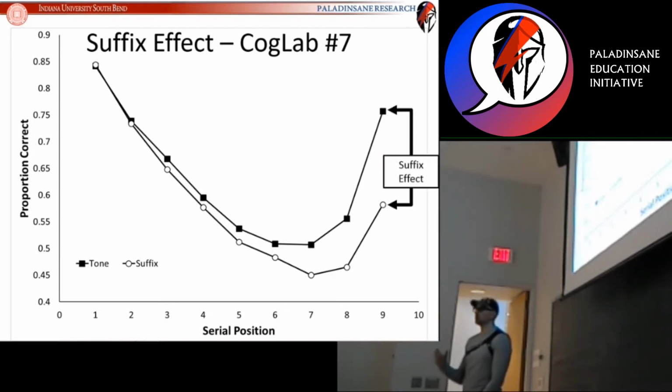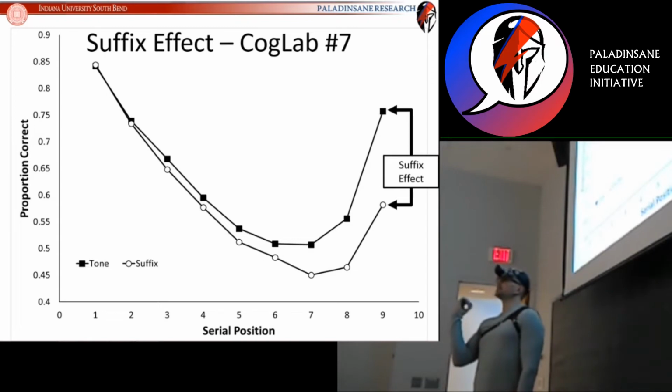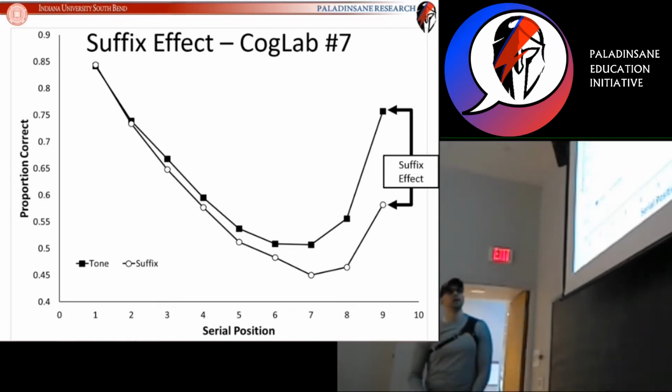And a clue to what's going on, and we had a suggestion already made, is that the 0 is making its way into your working memory, into your memory system. Even though you don't want it to, it's still getting in somehow. And there's evidence here that it is getting in.